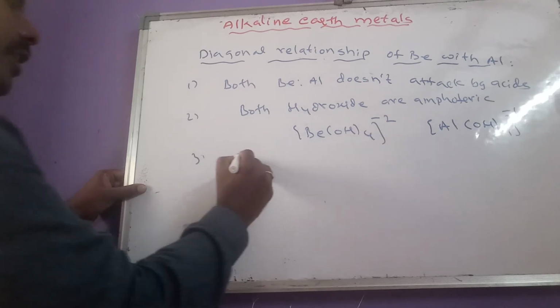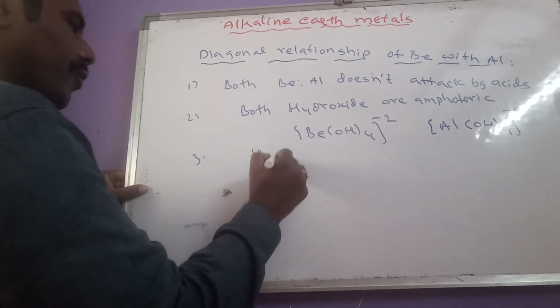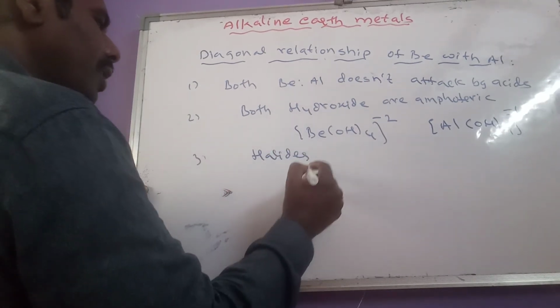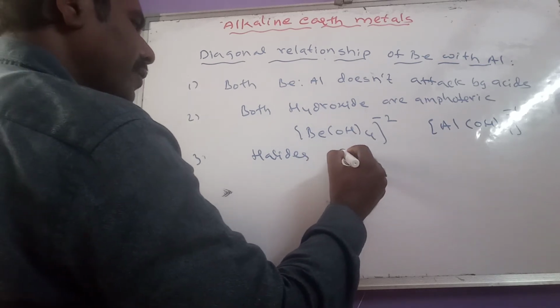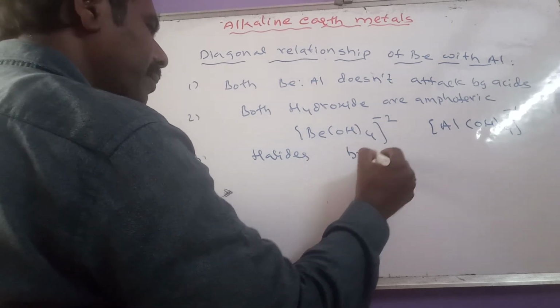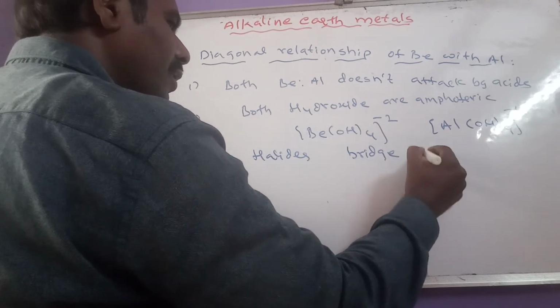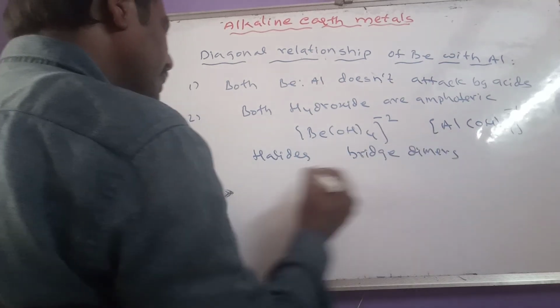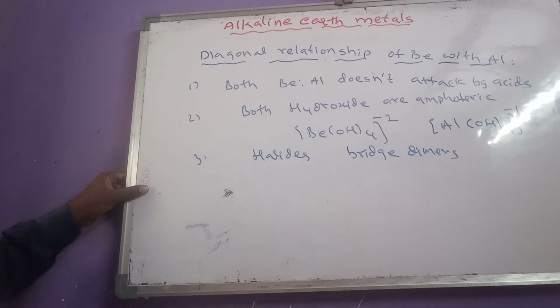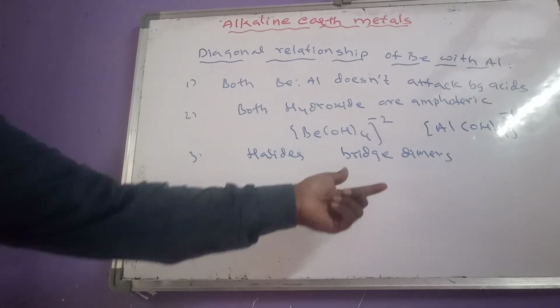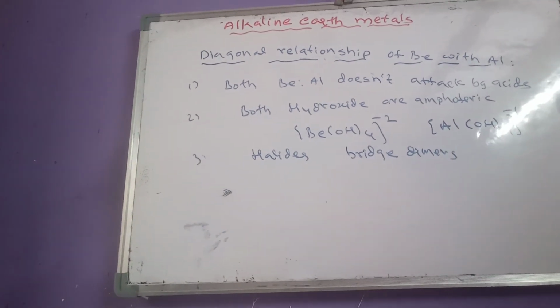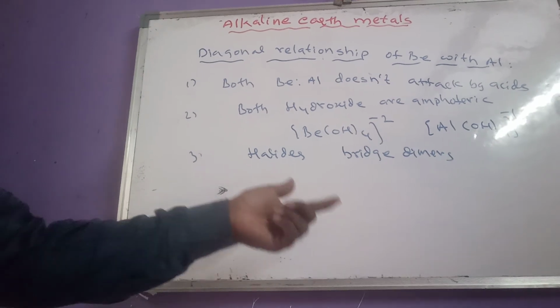And another one here, halides of both beryllium and aluminium exist as bridged dimers, and they act as strong Lewis acids.